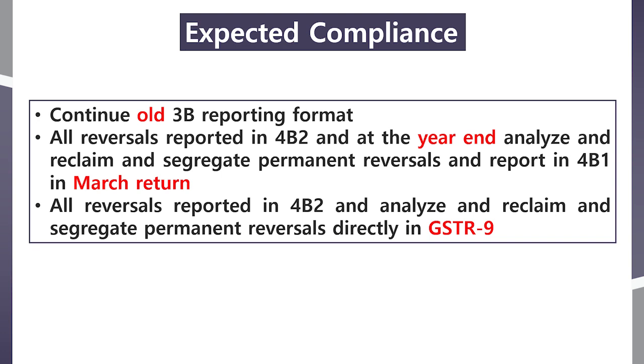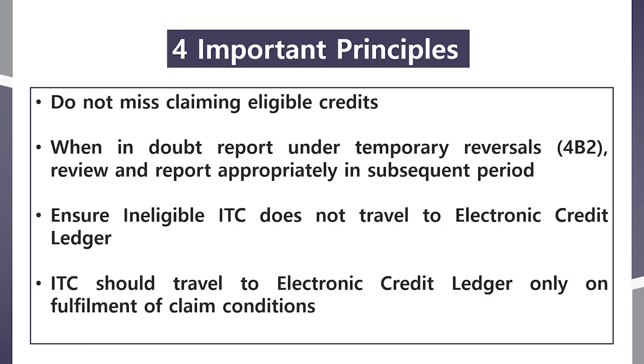So how do we go about all of this? Let's stick to the principles as a practical approach. First, no ineligible credit should travel to the electronic credit ledger. Credit should travel only after fulfillment of credit claim conditions. In the enthusiasm of doing a detailed, elaborate compliance as prescribed, we must never miss out on claiming eligible credits.